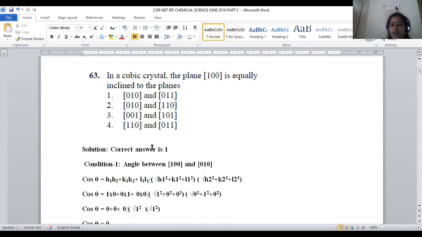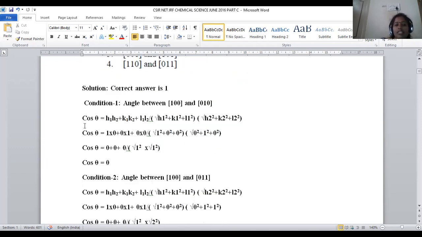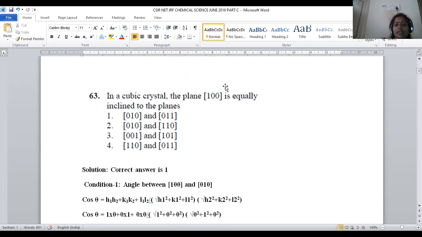Let us move on to question number 63. It is a part of solid state chemistry. In the cubic crystal, the plane 1, 0, 0 is equally inclined to the planes. So one of the Miller indices planes was given, that is 100, and the remaining two planes we have to interpret. For that purpose, we have the formula cos theta is equal to. So first, let us compare with option number 1, where we are taking Miller indices 100 with 010.